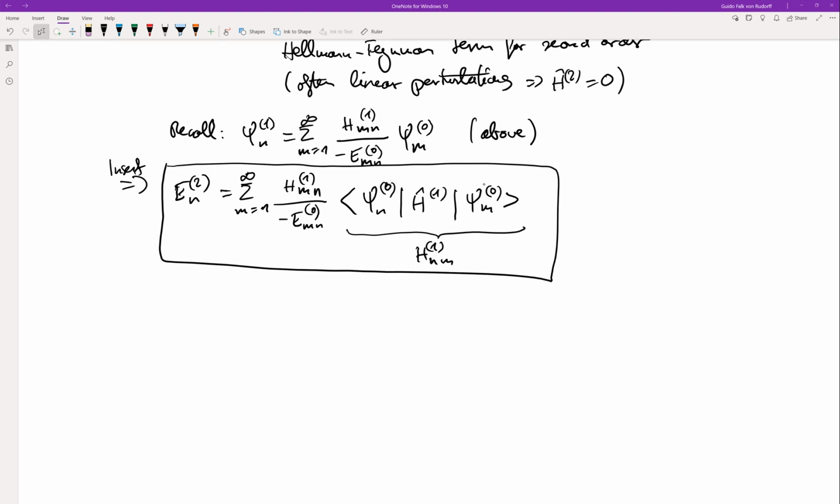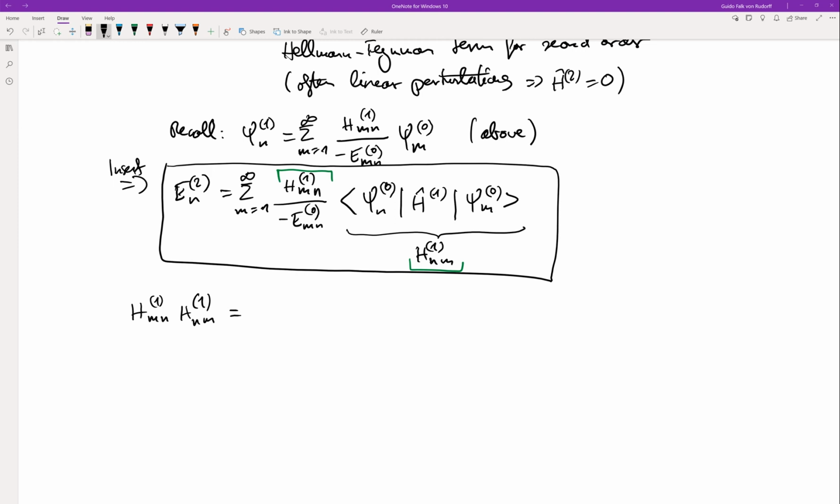So let's have a look at the product of this part and this part in particular. That would be H_mn, the one in the fraction, times H_nm, both up to the first perturbation. Those were the two we have defined.